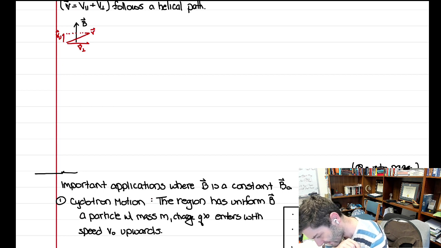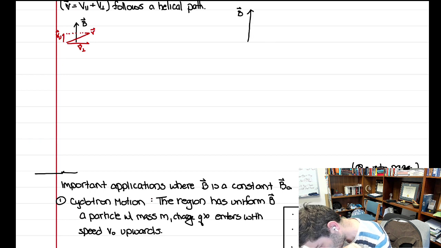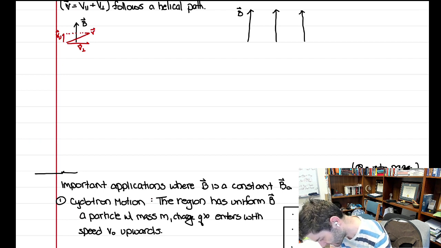So if I have a uniform magnetic field, so here's B, and it's just a bunch of field lines where their density says something about the magnitude, but I'm just going to draw a bunch of field lines. And then I have a charged particle, again we'll assume positive, that's moving in with some velocity v.